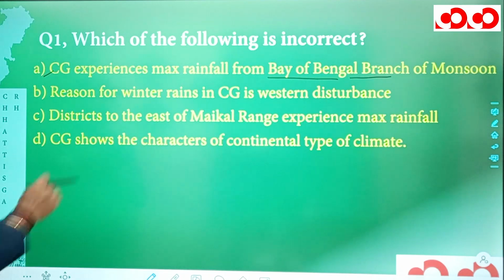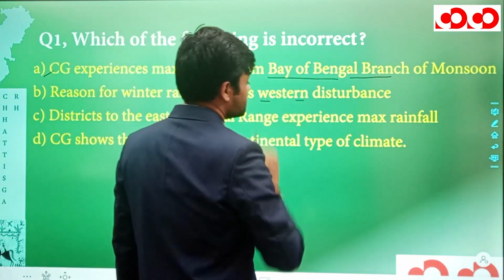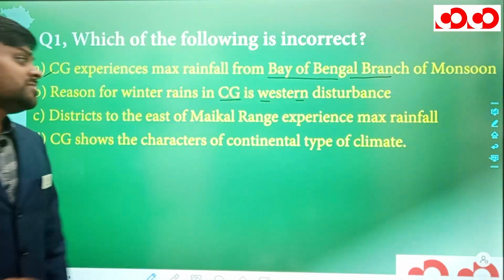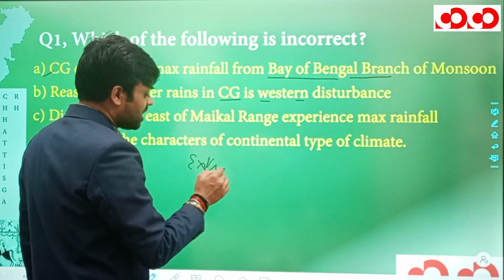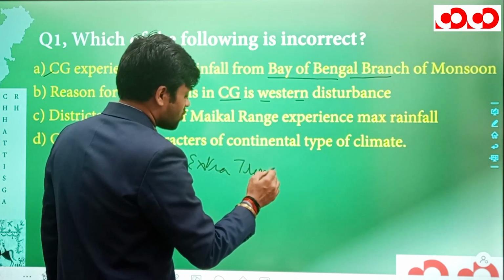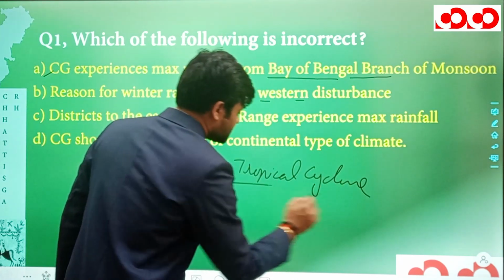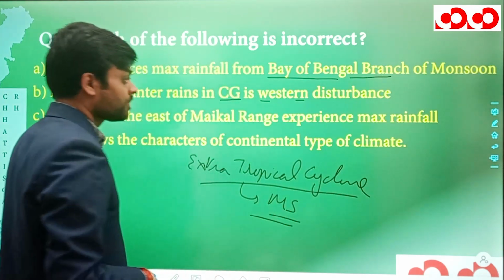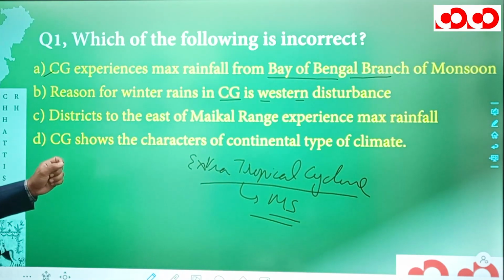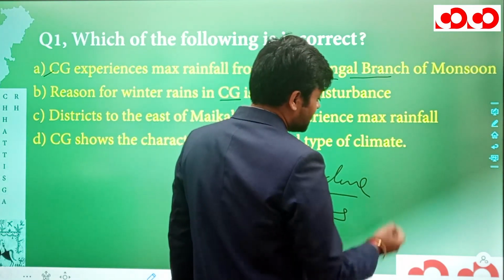Second option says, reason for winter rains in Chhattisgarh is western disturbance. Regarding this western disturbance, let me tell you, it is basically an extratropical cyclone which actually originates near Mediterranean Sea, and it travels actually eastwards towards India.